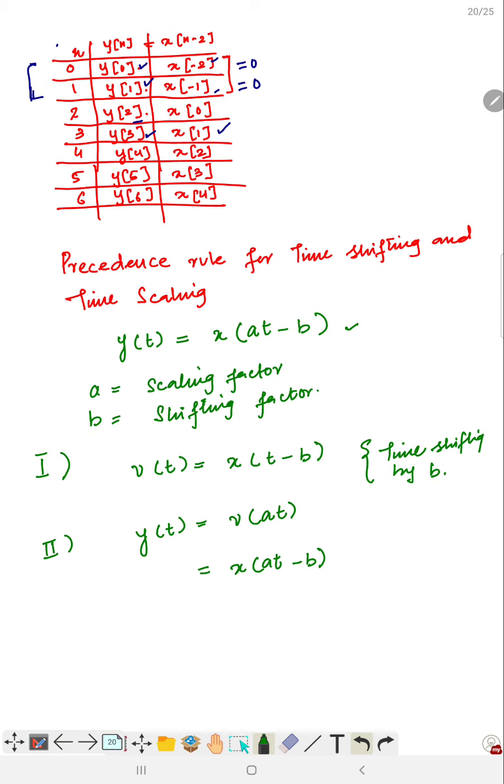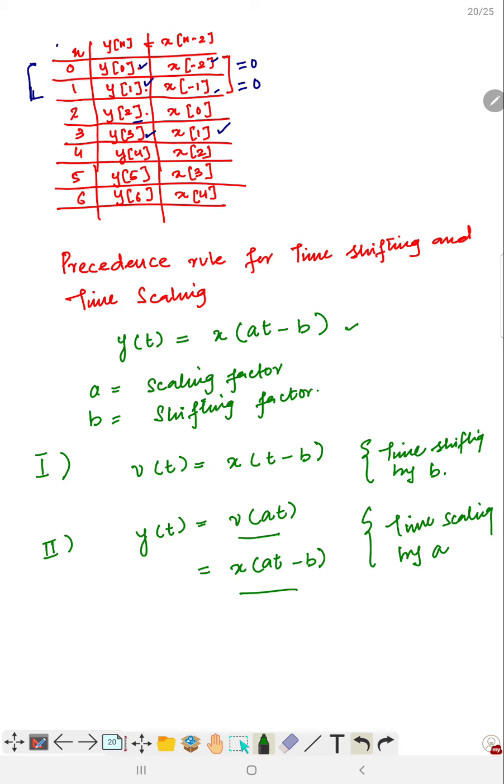The rule is that you first get an intermediate signal by performing time shifting on the original signal x by a factor b. Then the second step is that you perform time scaling on this time shifted signal. Fine. So v of t, x of at minus b. This completes our basic operations on the signal.